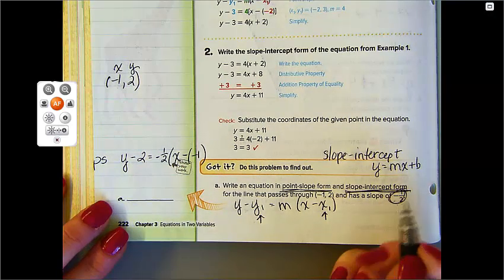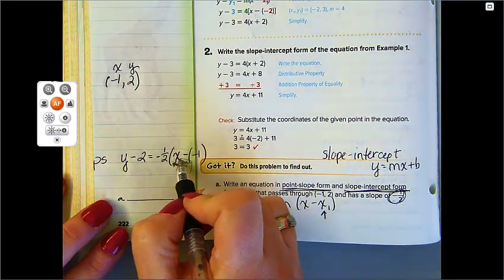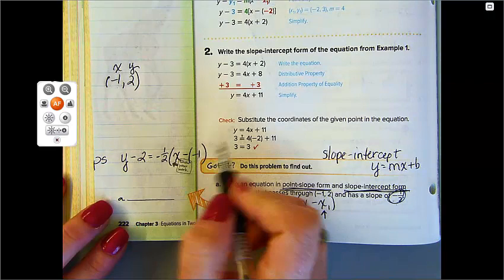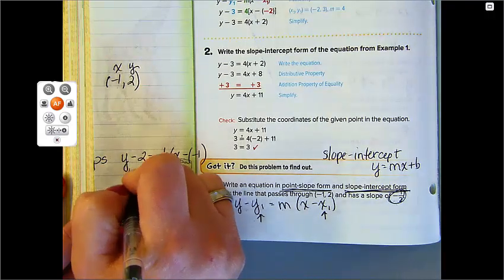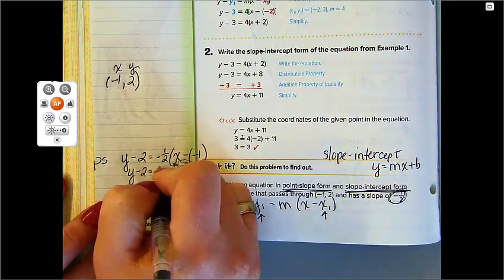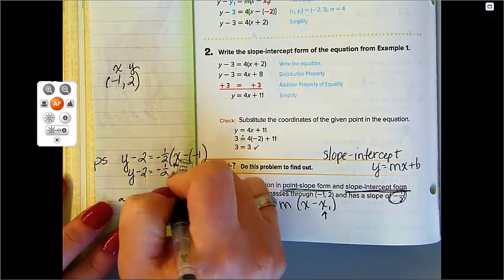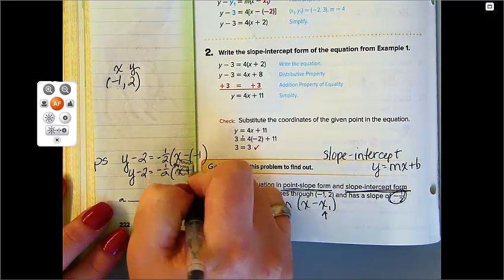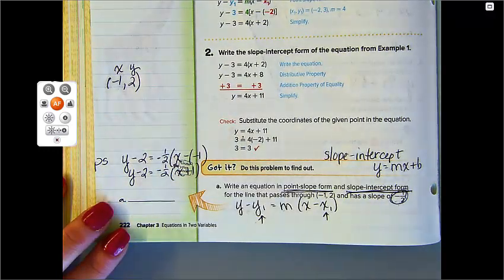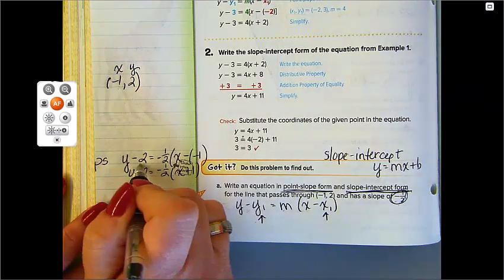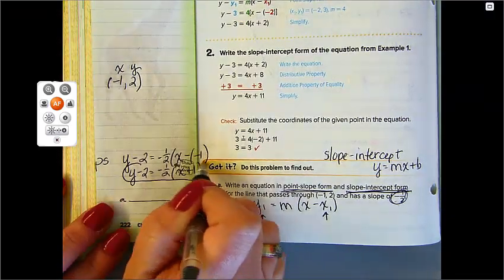Okay? And I can clean that up a little bit because I have a minus minus, and anytime I have two minuses together, it's a plus. So I have y minus 2 equals negative 1/2 times x plus 1. Okay? So there's my point-slope form of the equation.